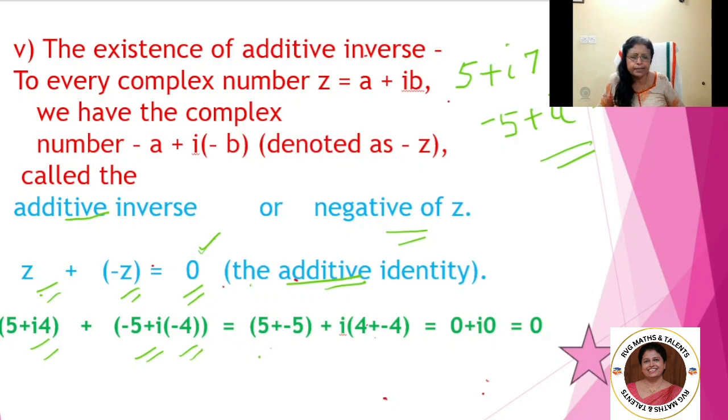Adding the real parts, 5 plus negative 5, that is 0. Then plus i into 4 plus negative 4, that is i into 0. That is the zero complex number. So you are getting the additive identity. So in complex numbers, there exists an additive inverse for every complex number.